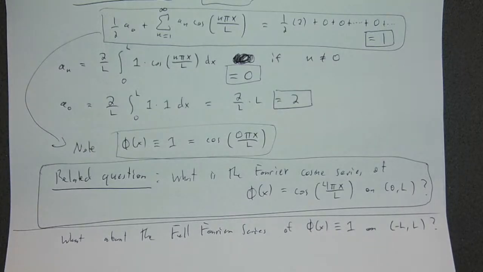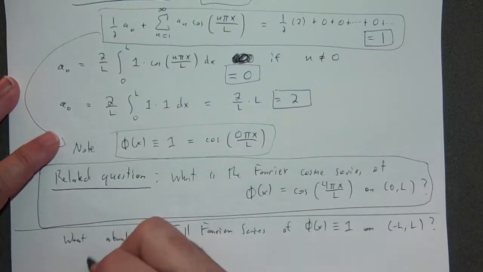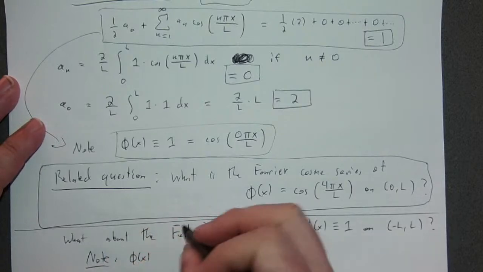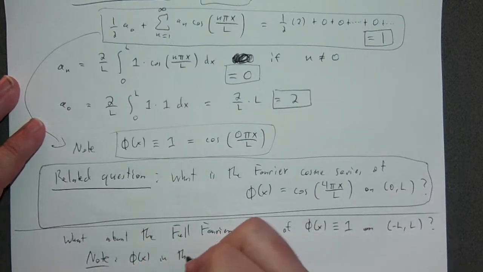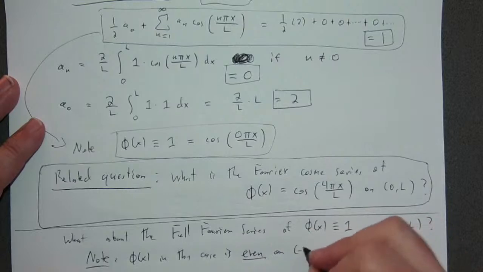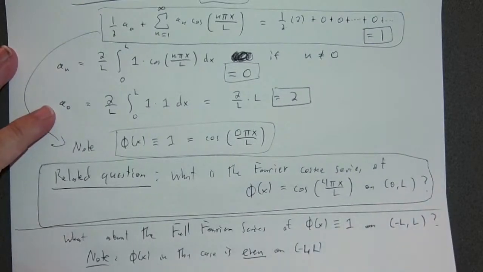What am I going to get here? Note, v of x in this case is even on minus L to L. It's even on this interval.